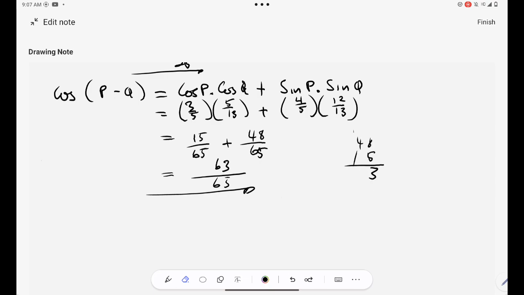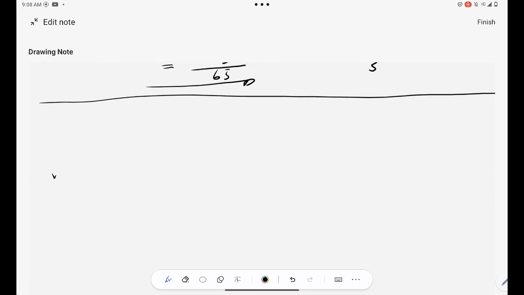Some point you might be given something like this. Maybe you are told that cos of 11 degrees is equal to x. Alright, together.